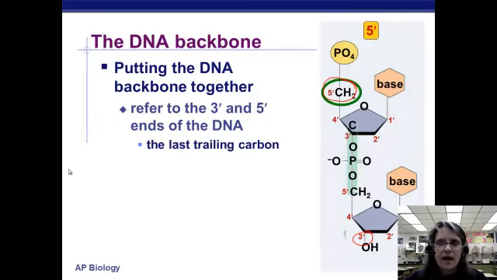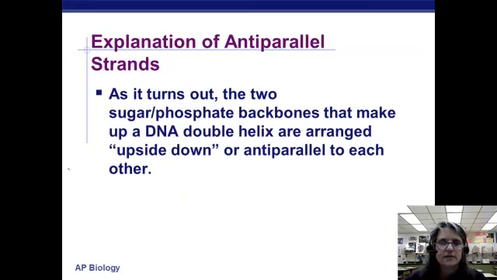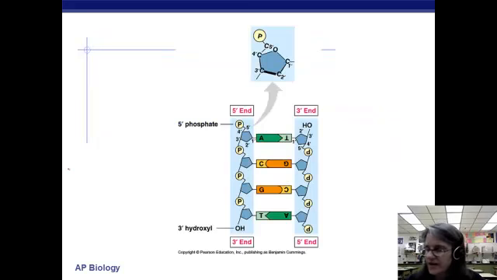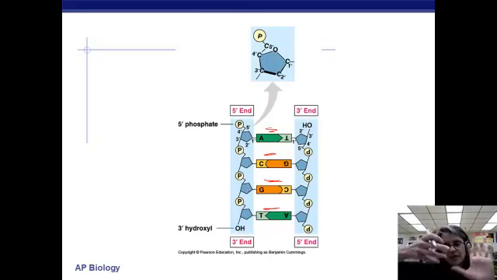Okay? Let's see if I can get you. Okay? There, this is the diagram I wanted you to see, right here. So if we put our DNA molecule together like this, not only are A's and T's, C's and G's complementary to each other, but they are flipped upside down, the whole strands relative to each other.